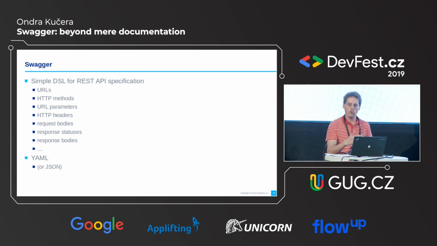You describe your URLs, you describe your HTTP methods, you describe all your parameters, headers, request bodies, response statuses, what happens when and how. Usually in YAML, or at least I recommend using YAML for working with Swagger. You can also use JSON, but I think that for writing it manually, YAML is a better format.